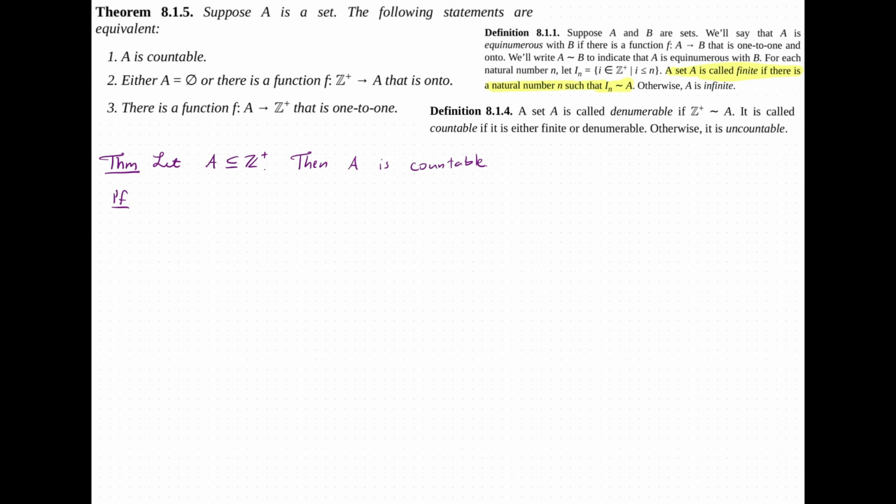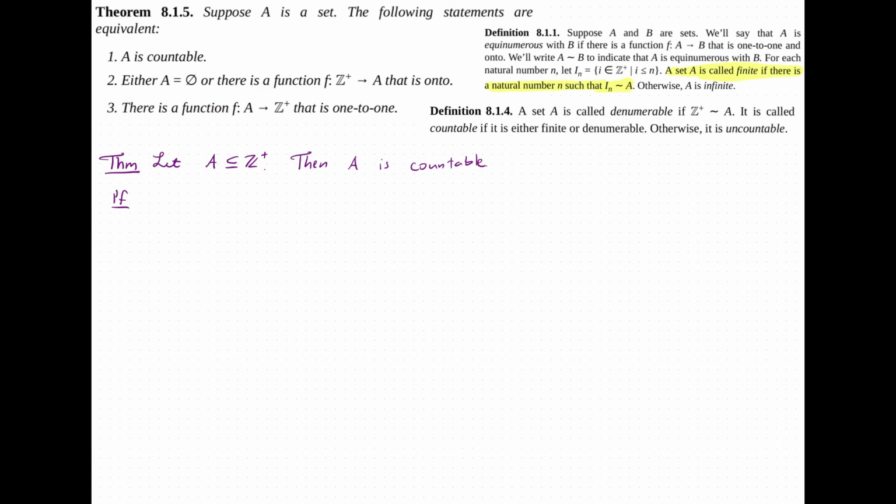So we're going to be quoting this result to ease the presentation of proving these statements. And that's the reason why I have isolated this theorem, even though it really is the statement 3 implies 1 in disguise. So let's prove this.